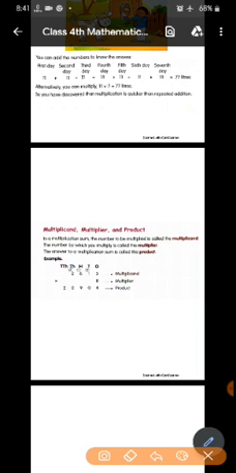So the number which is multiplied is called the multiplicand. The number by which the multiplicand is multiplied is called the multiplier. Then 7 is the multiplier in the previous question.